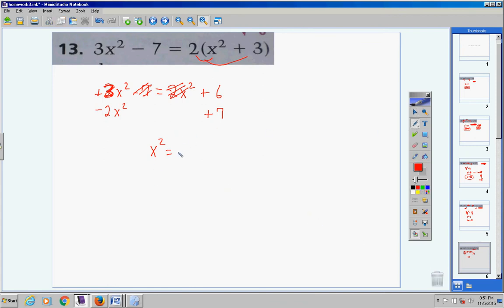X squared equals 13. Next step, divide by the coefficient. Well, there is no coefficient except the 1. If you want to divide by 1, you can, but it won't change anything. Now take the square root of both sides. The square root of x squared is x. The square root of 13 is plus minus or positive negative the square root of 13. Okay? Alright, moving on to number 15.